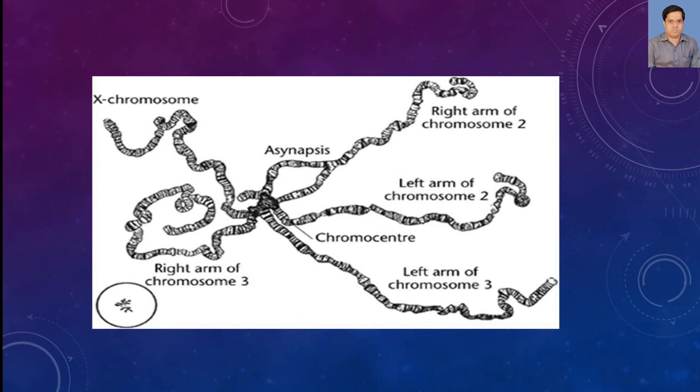At the center you will find a chromocenter which is highly colored, and these are the different arms, chromosome 2, chromosome 3. Since these are found in pairs, you can see there are left arm and right arm, left arm and right arm. And some of the chromosomes are not paired. So this is the structure of the polytene chromosome of Drosophila.